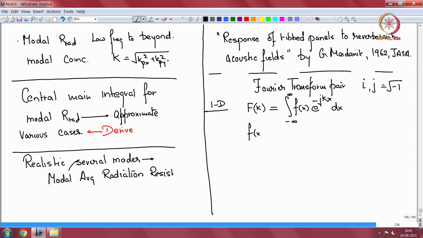Then the inverse is 1 over twice pi integral minus infinity to infinity F of k e to the power plus j k x, this time dk. Okay, so we will just set up our convention through the delta function.